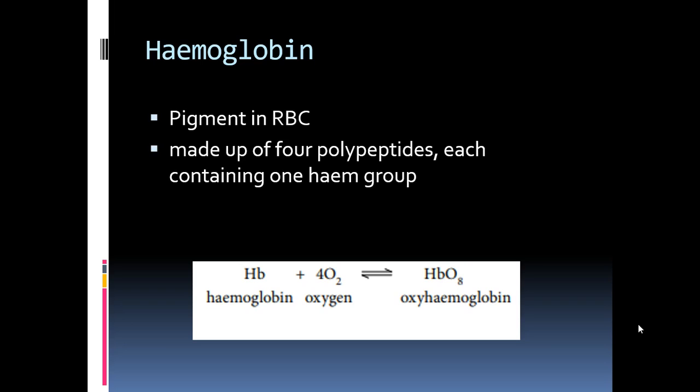So since you have 4 heme groups in one hemoglobin molecule, each hemoglobin would then be able to transport 4 oxygen molecules at a time. Okay, and the equation is shown here, right?